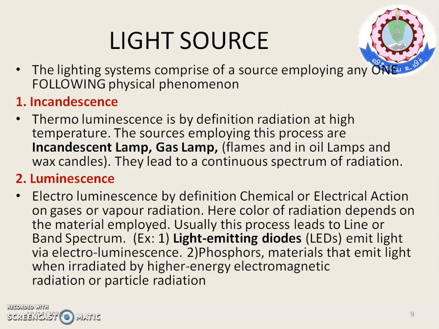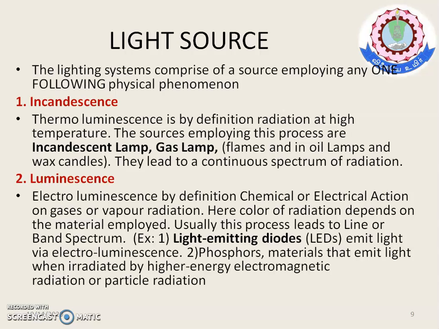The first one is incandescence, that is thermoluminescence. By definition, it is the radiation at high temperature, the radiation initiated with the help of high temperature. The sources employing this process are incandescent lamps and gas lamps. Earlier you may have seen this incandescent lamp, which nowadays is not that much available in practice.